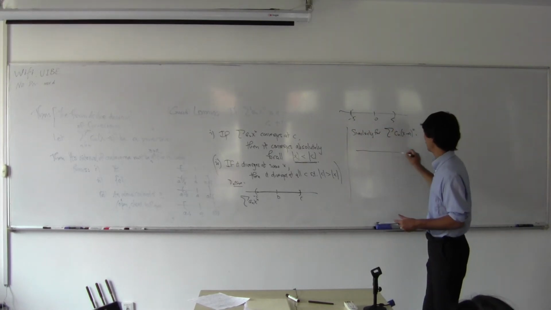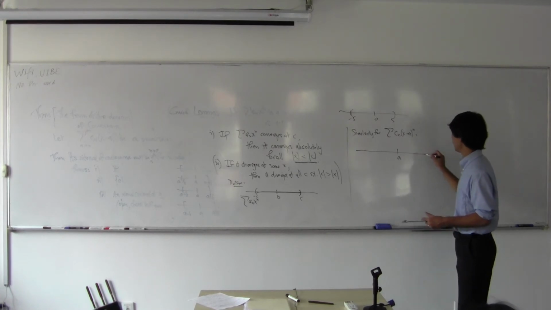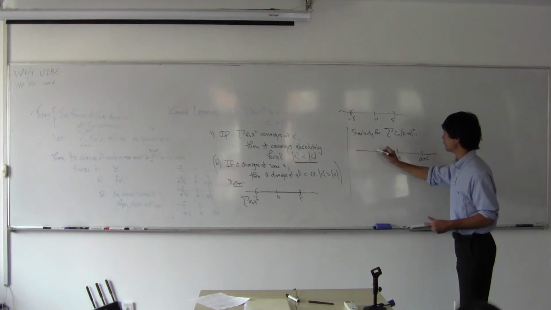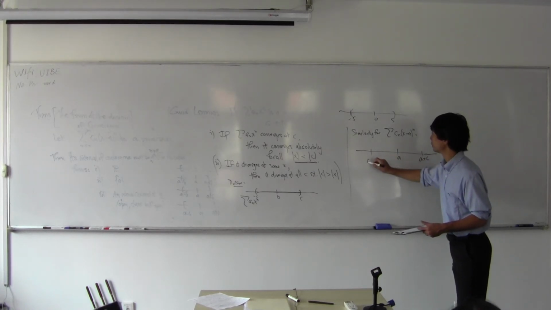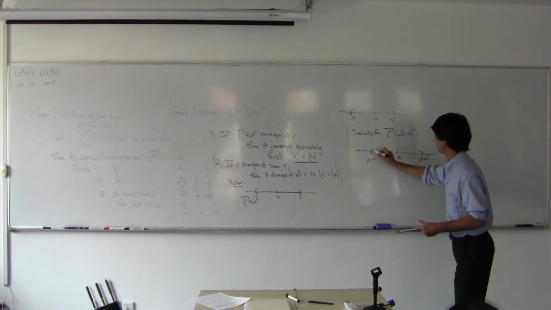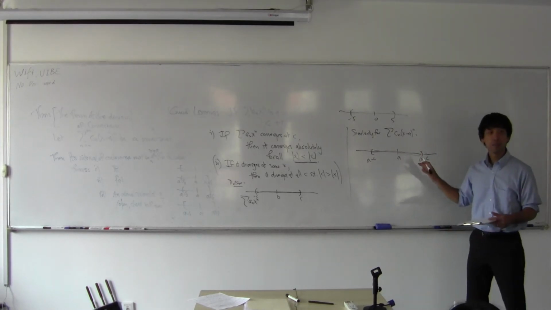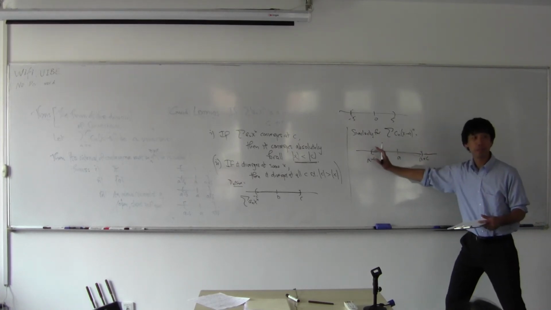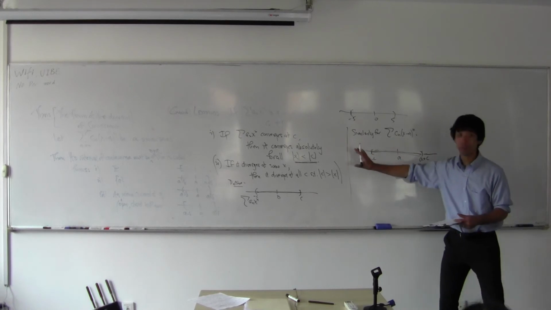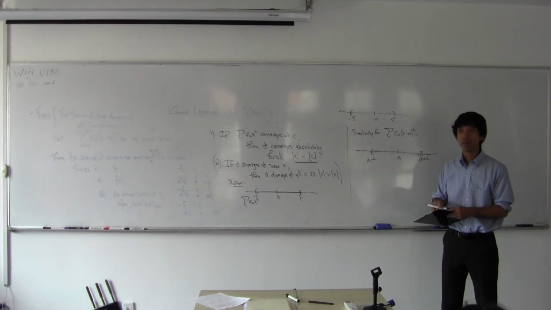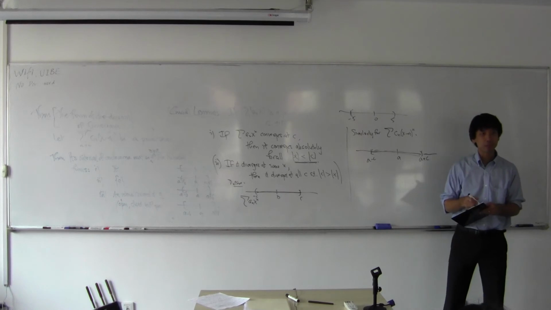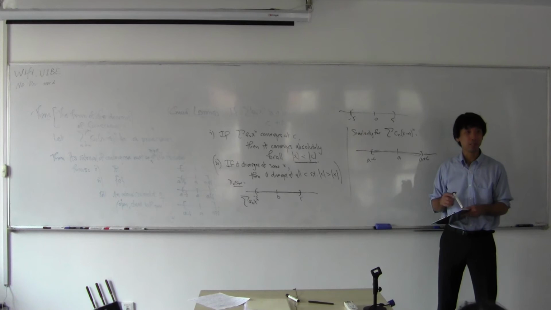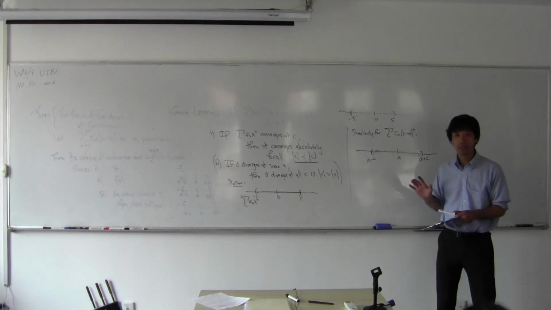Suppose this is A, and you get convergence at A plus C. Then you get absolute convergence from A minus C all the way to A plus C. So if you get convergence at this one point, that gives you absolute convergence on everything inside. That's what the lemma is saying. Is it making sense? Even if you don't understand why it's true, does the statement make sense? Anyone have a question?